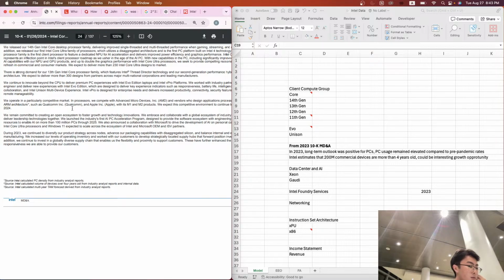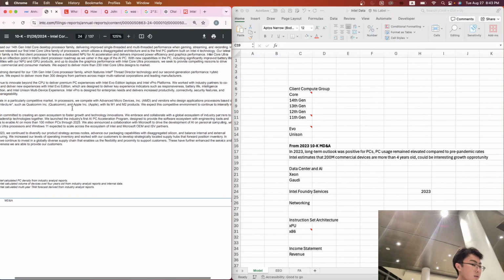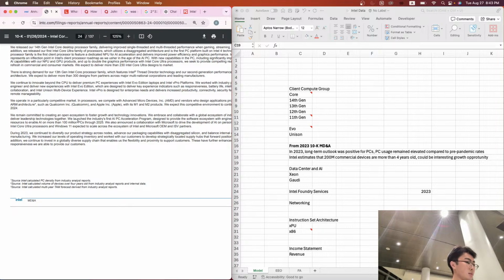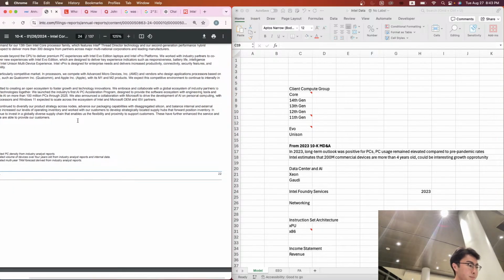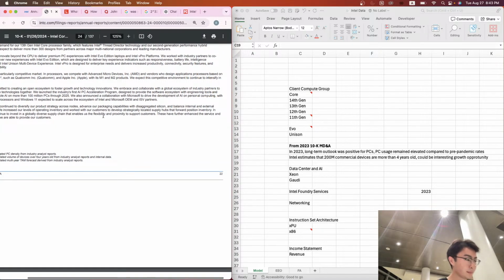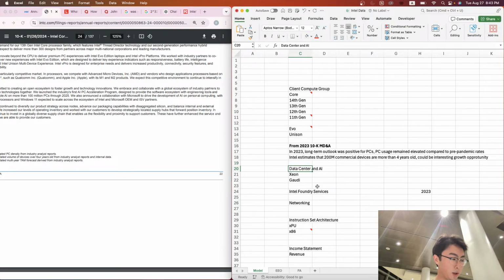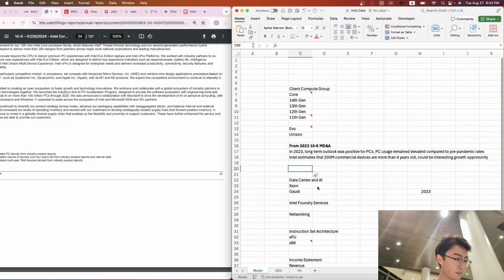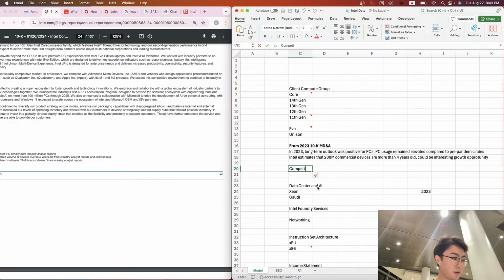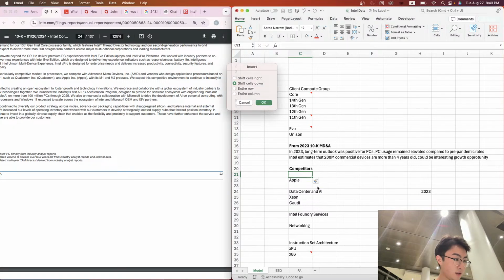Processors we compete with. Yeah. So totally forgot about Qualcomm as well. Competitors. Right, so we have Apple, Qualcomm.